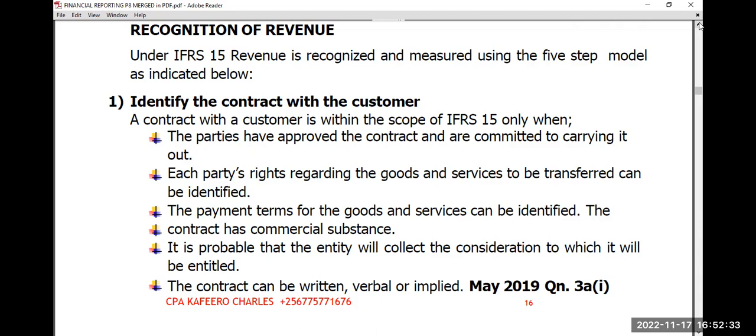dealing in transport services. We expect that the people you are transporting, by the time they sit in your taxi or enter the bus, there is no need for you to ask them whether they are going to pay the transport fare.